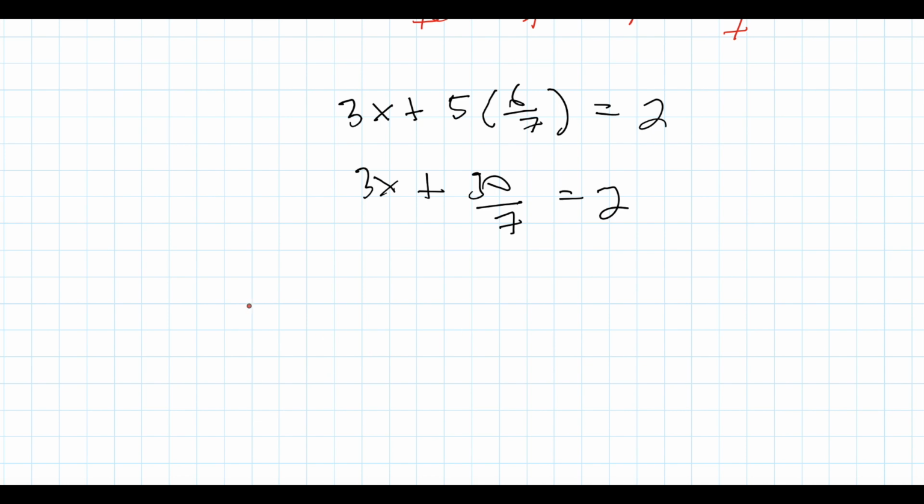Oh, I'll prove it to you over here. You have to multiply this by 7 as well. Because look, if you have 5 plus 5 equals 10, according to what you're saying, if you multiply this by 2 and this by 2, we should still be equivalent, right?